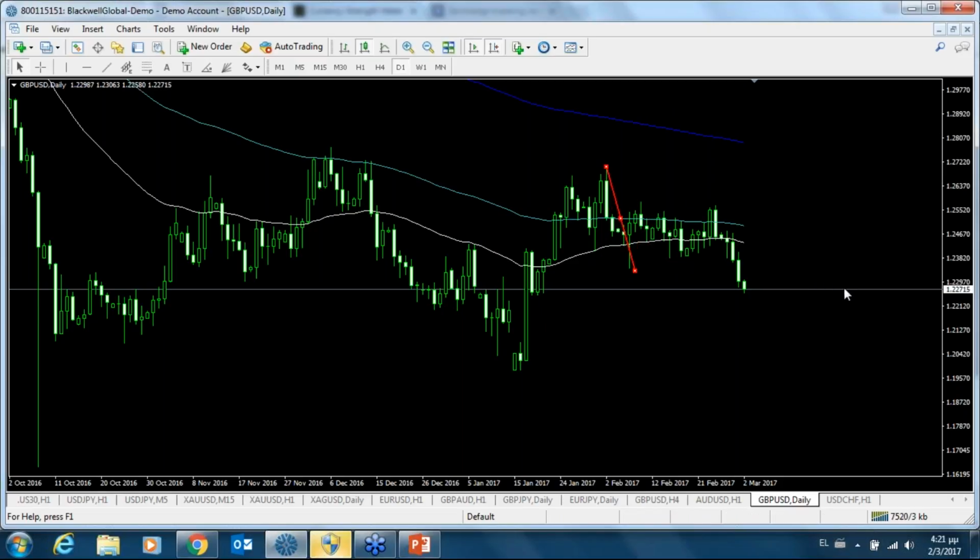What I can then do is go onto your correlation table or find correlations to the GBP USD and trade the pairs that offer you better clarity.